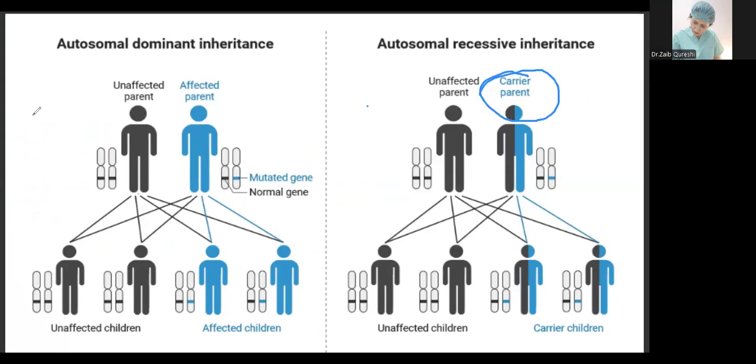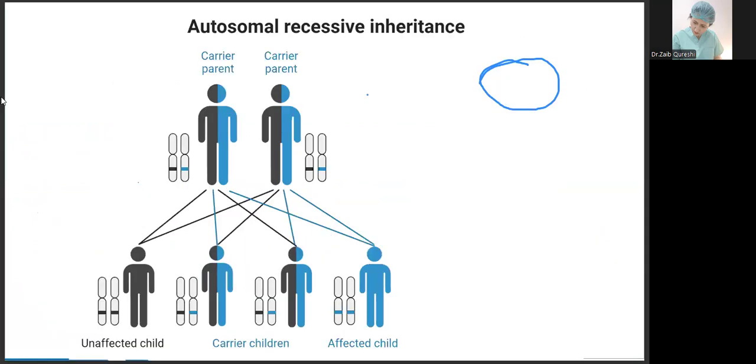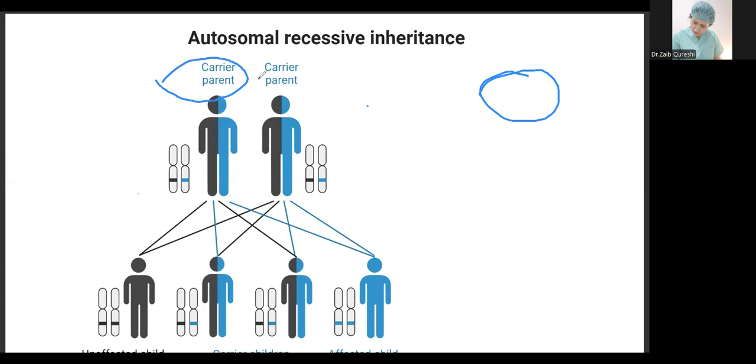And if we want to see what happens when both are carriers, then guys, you have one diseased baby, two carriers, and one normal baby. Actually, we shouldn't say one normal baby; there is a 25% chance of having a normal baby. This is the correct line. So 25% is the chance, and can we write it as 1 by 4?